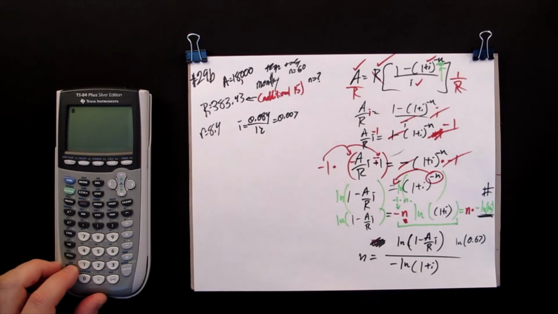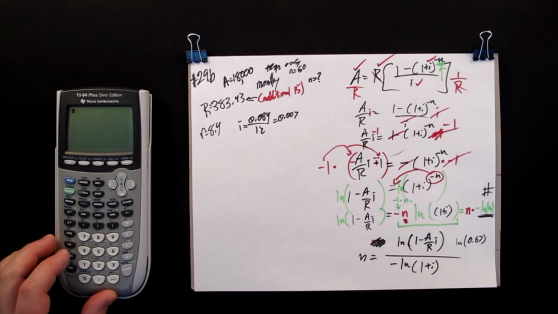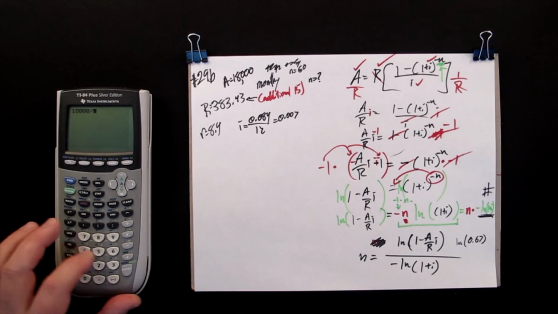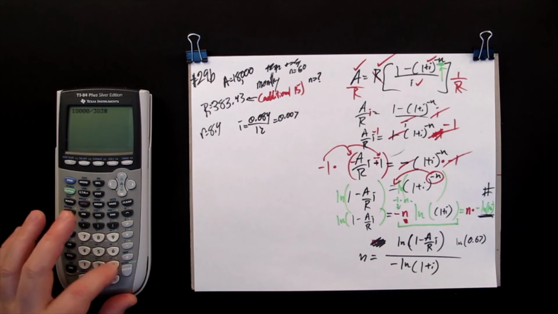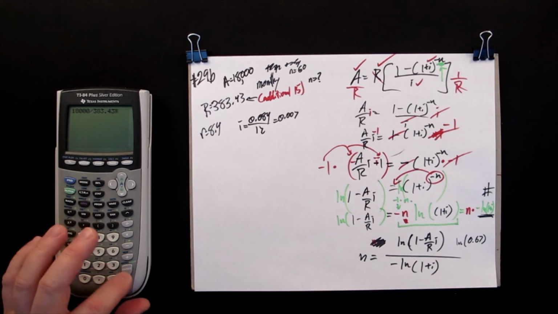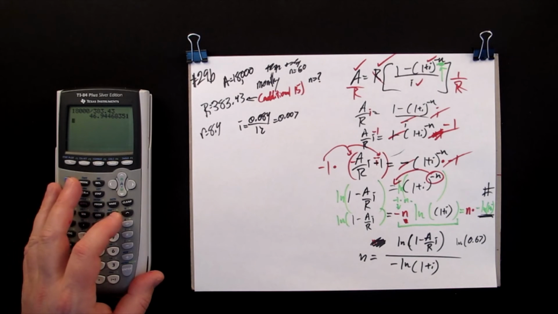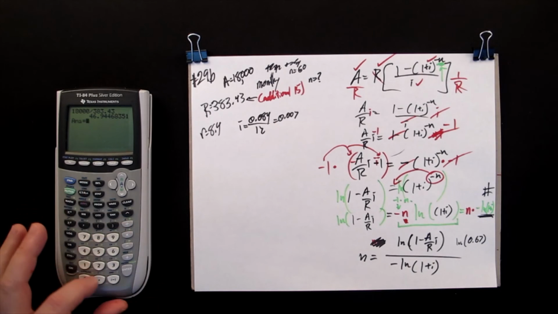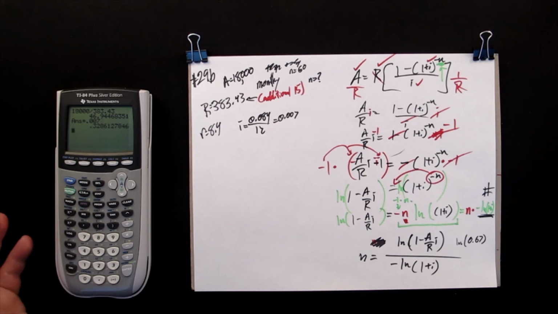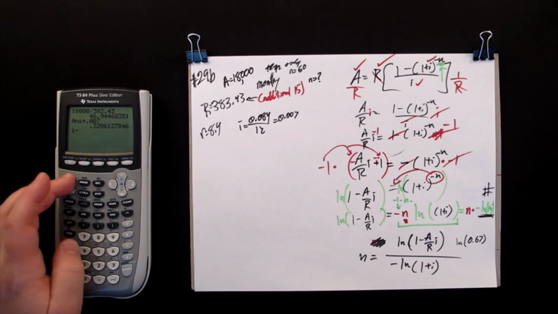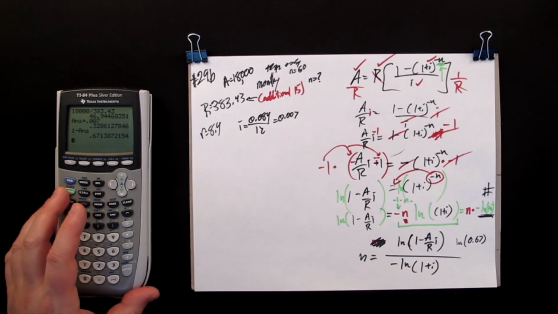All right. So we have 18,000 divided by the payment, which is 46.94 times the period interest rate. Okay, now 1 minus that, 0.67.